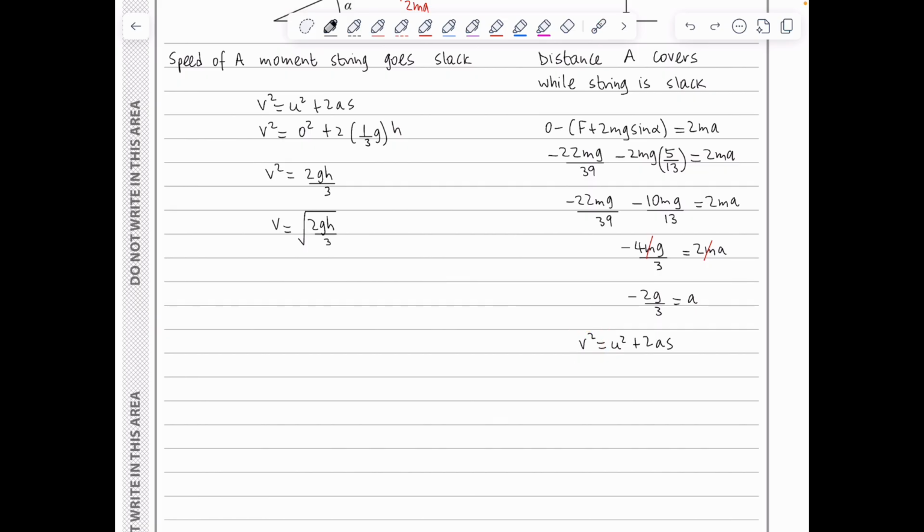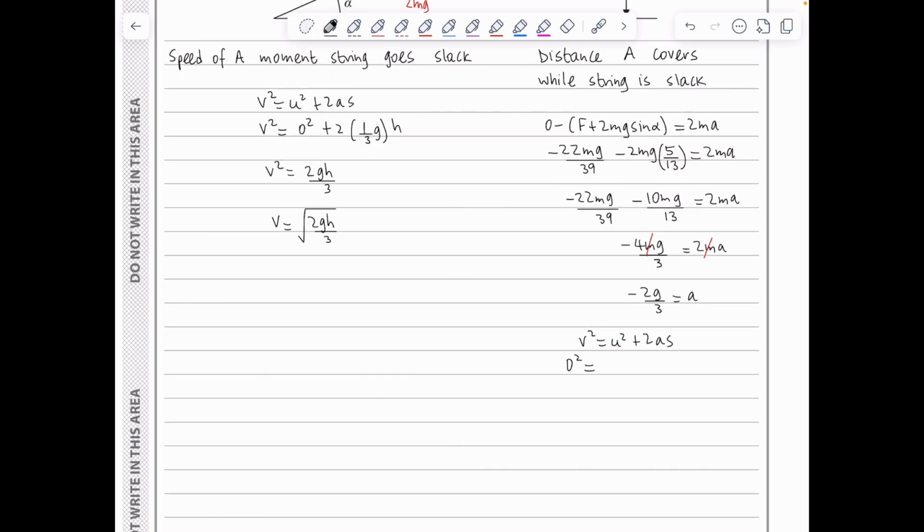So we're looking at 0 squared being equal to u squared. Now the initial velocity for the leg of the journey when the string goes slack is simply the final velocity we found here. So we're looking at the square root of 2gh over 3, raised to the power of 2, plus 2 times the acceleration of negative 2g over 3 times the distance covered, which we have called d.